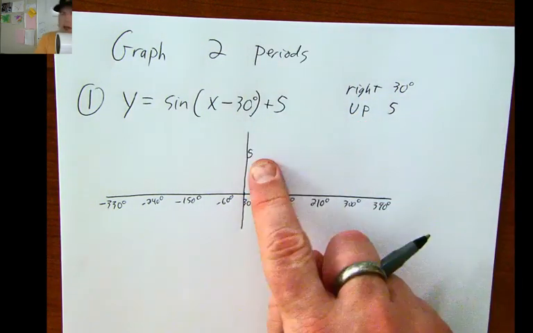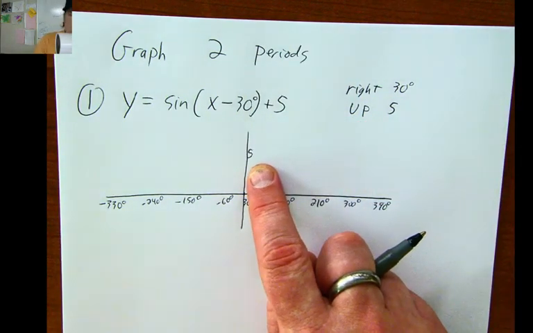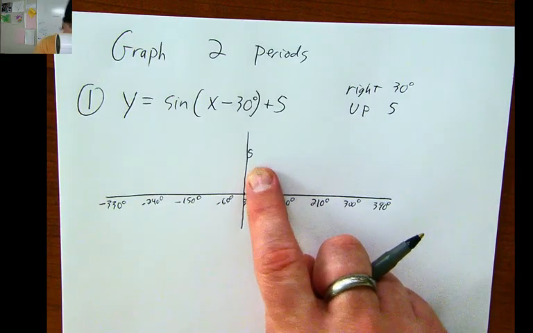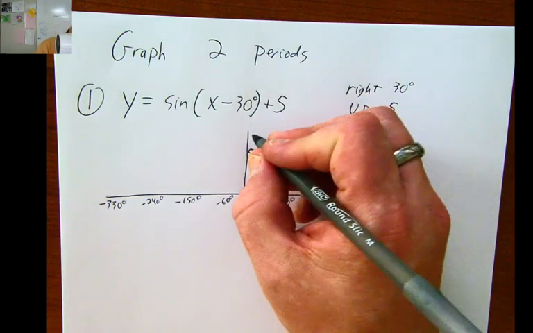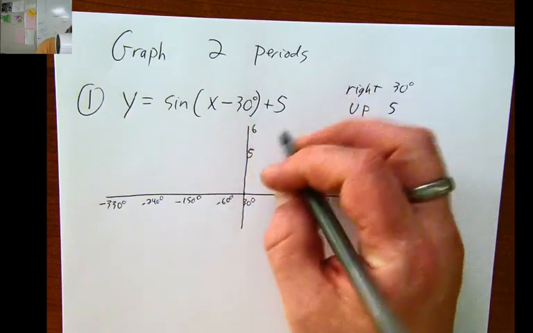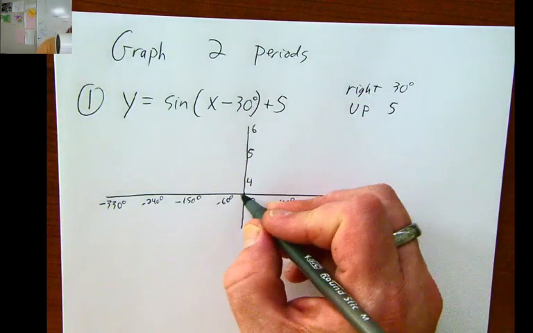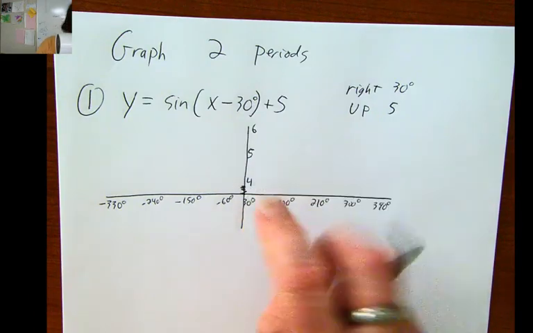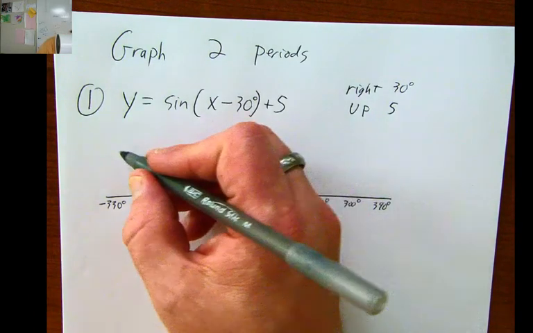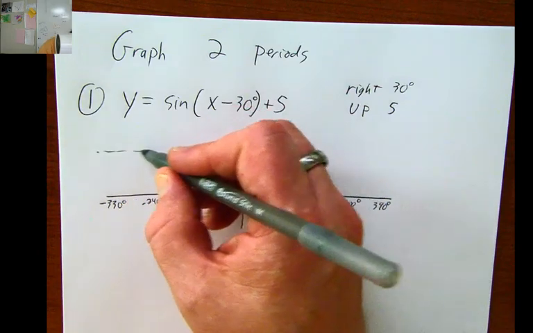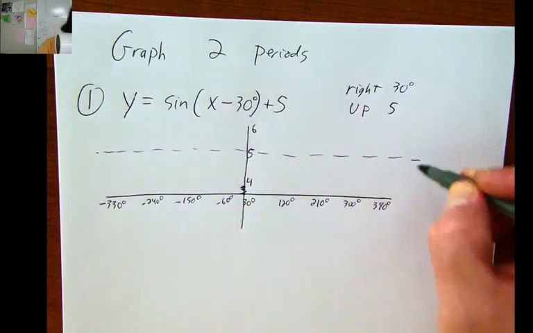Anyway, if it's going up 5, that means that my axis is now going to be at 5, and because of the amplitude of 1, it's going to go up to 6 and down to 4. I didn't really start at 0, so I put in this little thing to say I didn't start at 0. And there's an axis, and you must draw in the axis, dotted line.